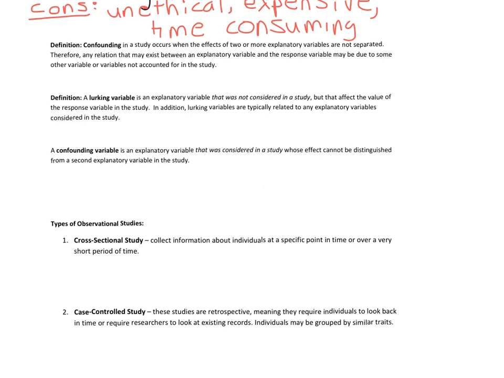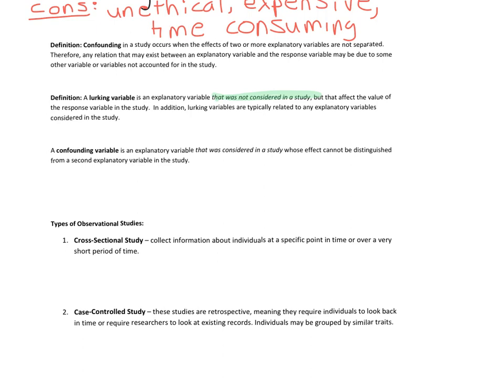All right, a lurking variable is an explanatory variable that was not considered. It's lurking in the background, but it affects the value of the response variable. Lurking variables are typically related to any explanatory variable in the study.